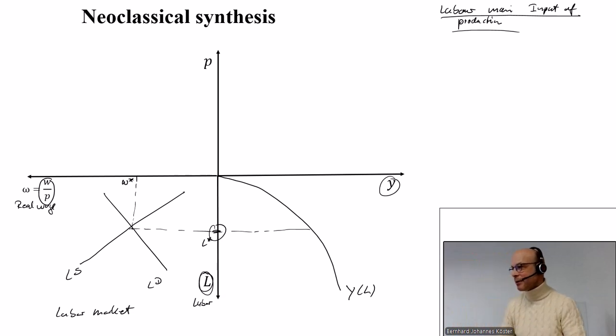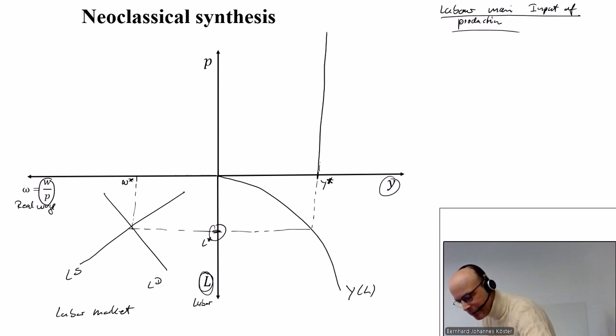Turning to the right, onto the production function determines us the production level, and again, supply-driven view on the economy. This determines us the long run supply in our economy. So this is then also our supply function at the commodity market. So this is production.